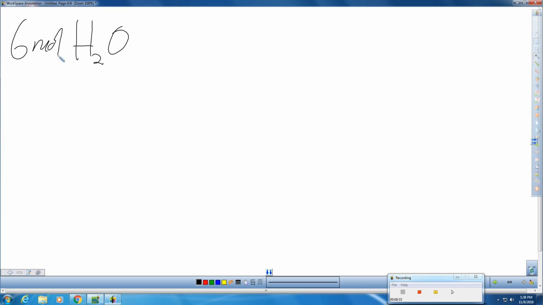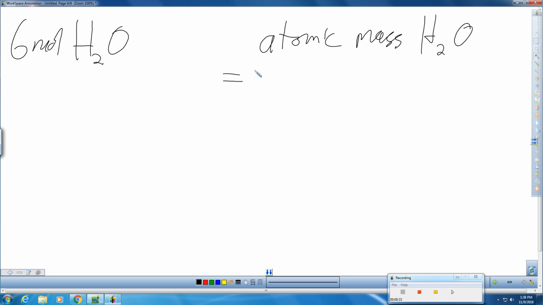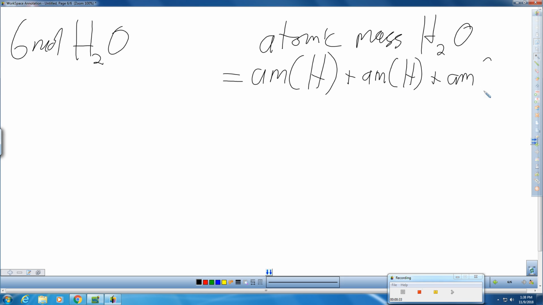Which is going to be the atomic mass of H2O equals atomic mass of hydrogen plus atomic mass of hydrogen plus atomic mass of oxygen.